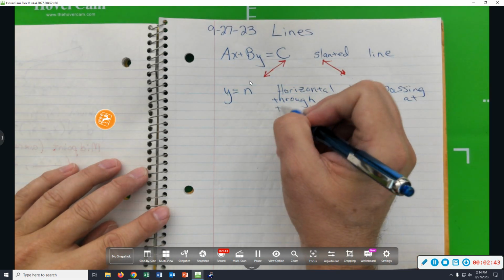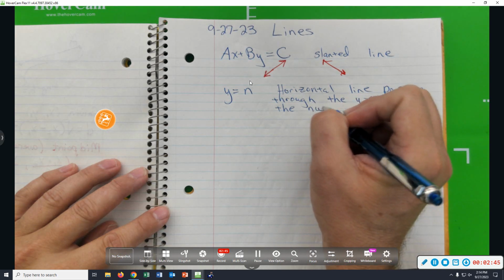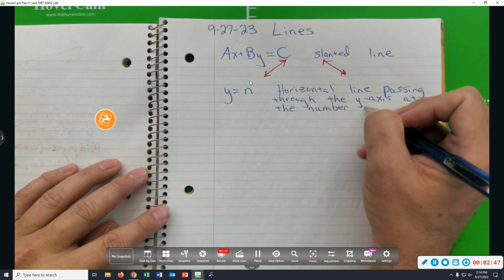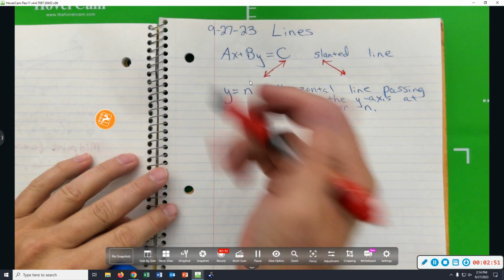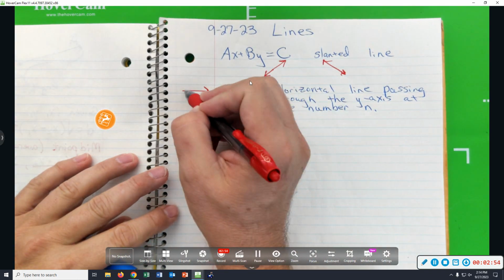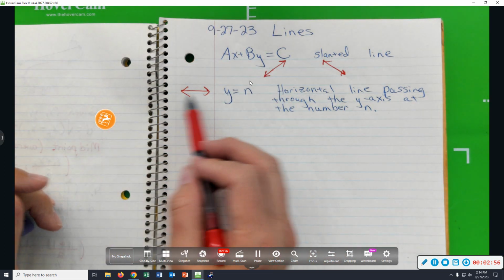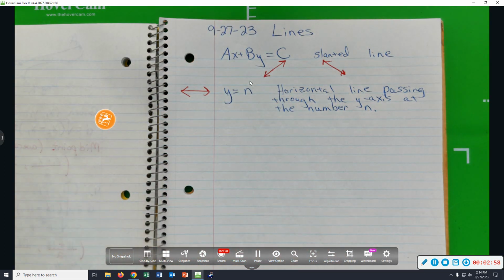We'll discuss more of why that is when we graph a horizontal line, but we know what a horizontal line is. It runs left to right. So a horizontal line is a line running left to right.